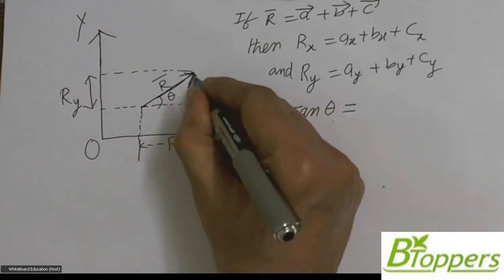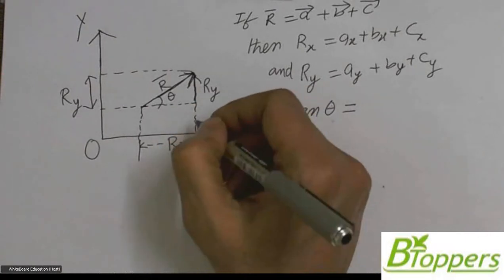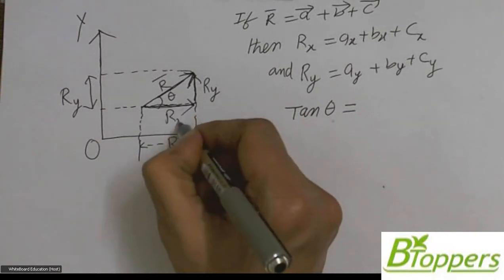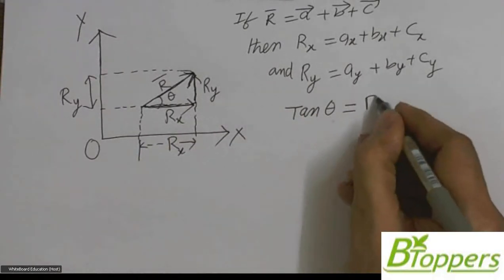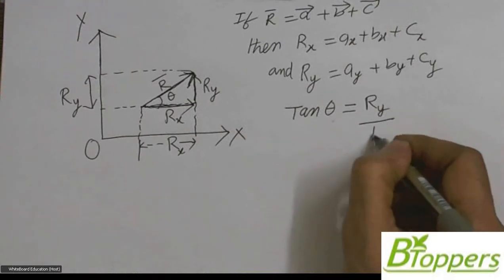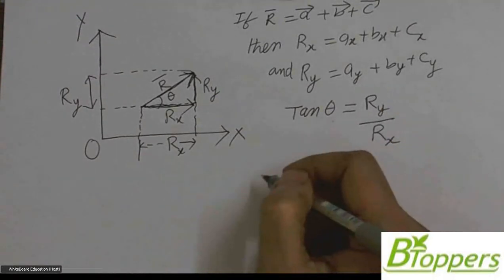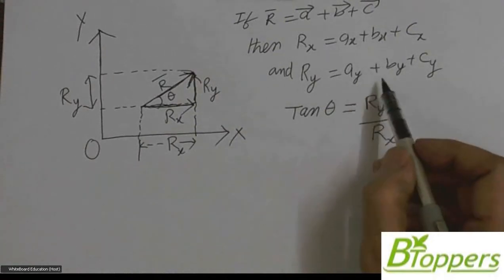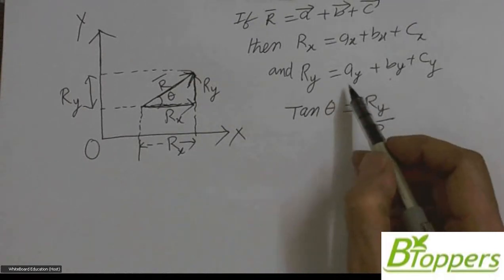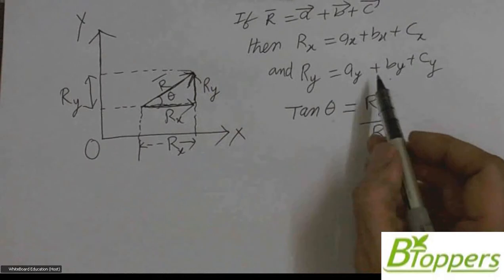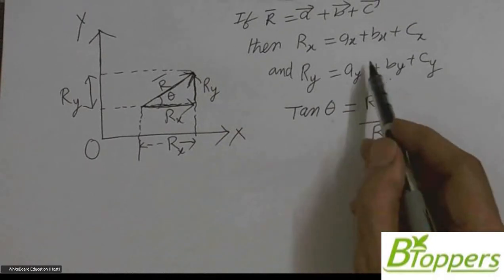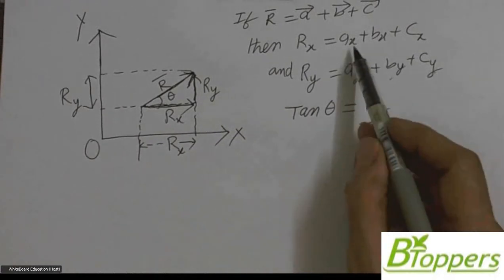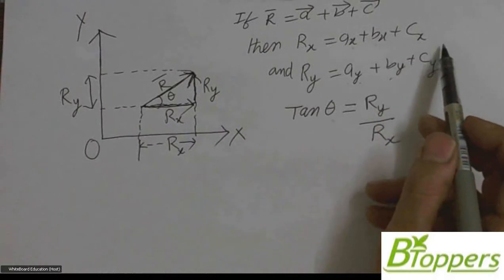So length of this side gives you Ry. Length of this side gives you Rx. So tan theta can be written as Ry by Rx. Of course, Ry can be written as Ay plus By if R bar is the resultant of two vectors only. If R bar is the resultant of three vectors, A bar, B bar and C bar, then Ry can be written as Ay plus By plus Cy. And Rx you can write Ax plus Bx plus Cx.